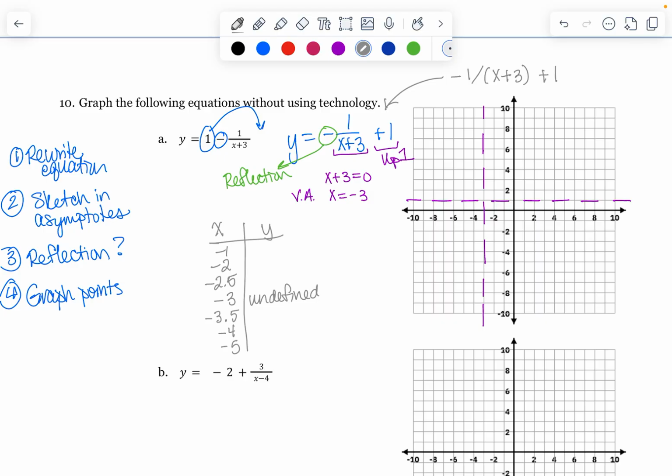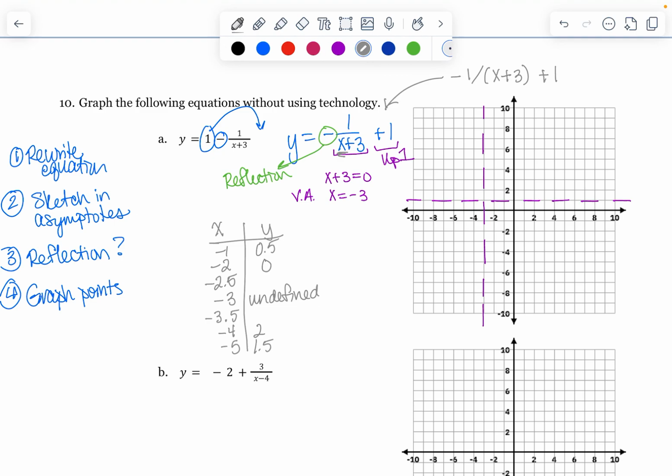So I can do that to get some points in my table. Do that real quick. So at -1, we're looking at 0.5, -2, 0. I don't have decimals in my table, so I'm going to skip those. I'll come back to them. -4, 2. And -5, 1.5. So for the decimal ones, and we could have done it with all of our x values, we're going to take them and plug them in for our variable.